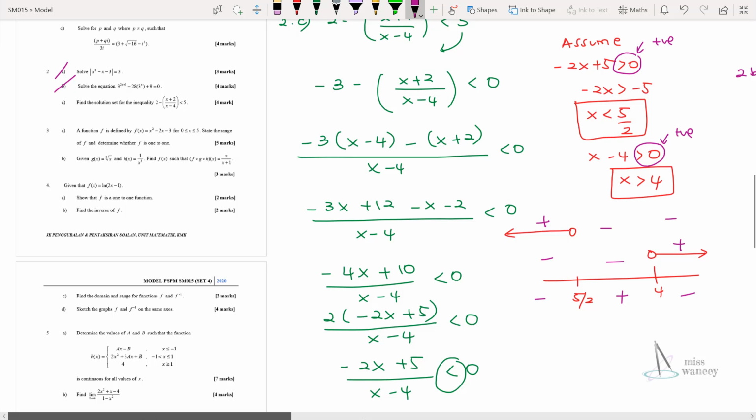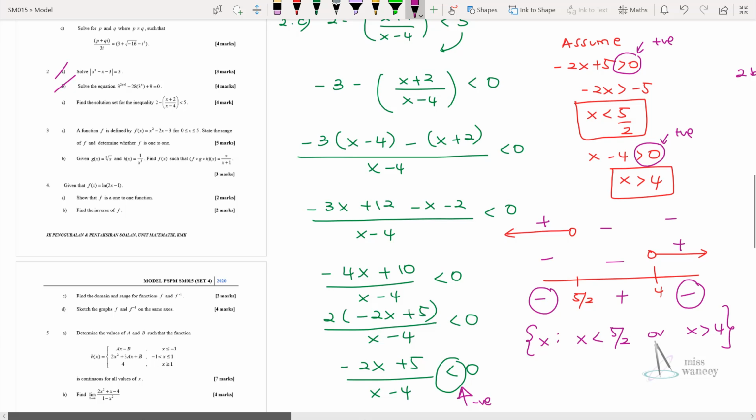Okay, so I want to find out where is the interval for my solution. So I want to find something that is less than 0. So it simply means that I want to get something that is negative. So the negative region will be on the left hand side and another one on the right hand side. Okay, therefore x such that x less than 5 over 2 or x will be greater than 4.